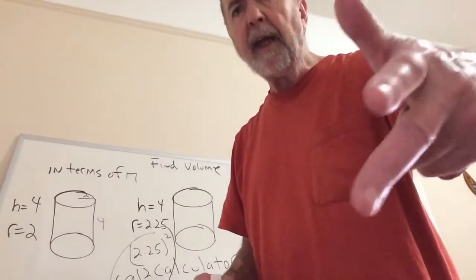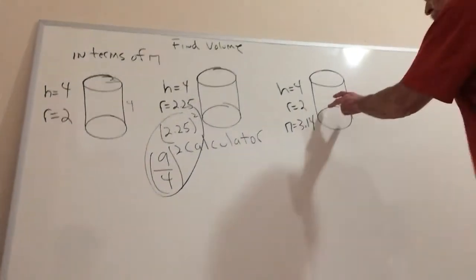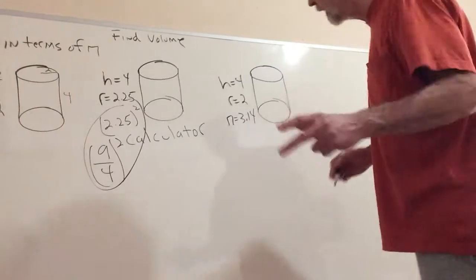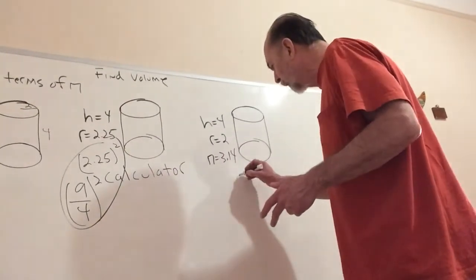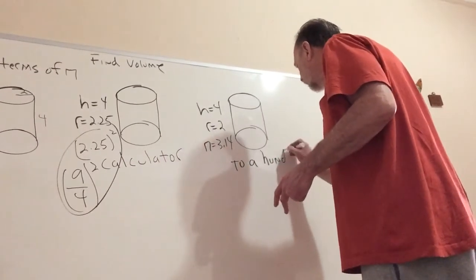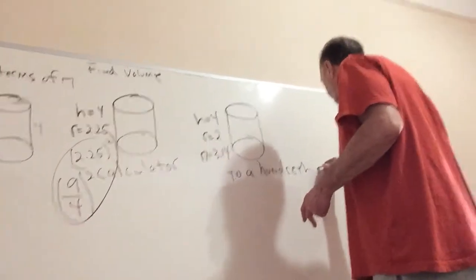That's what they intend. We go over here to this third example, and usually the way that they ask the question, they want it to the 100th, whatever the dimensions are, inches or whatever, to 100th of a unit.